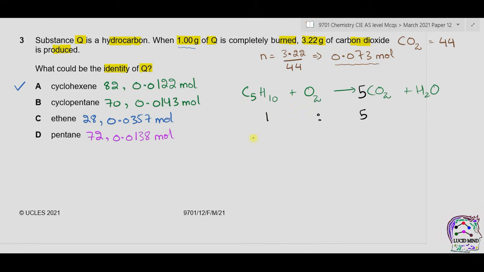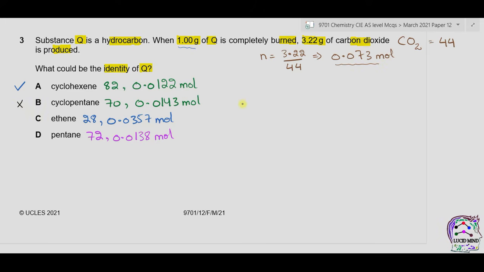As we have 0.0143 moles of hydrocarbon, it will form X moles of CO2. By cross multiplying, we can find the number of moles of carbon dioxide formed by this compound. It comes equal to 0.0715 moles of CO2 that is produced. So this is not equal to this one, so B is incorrect.